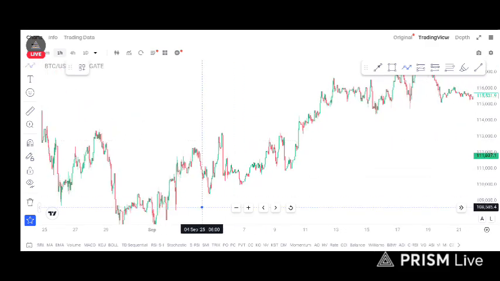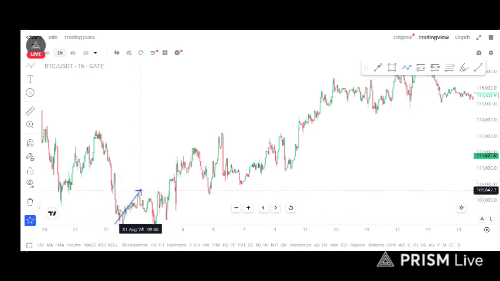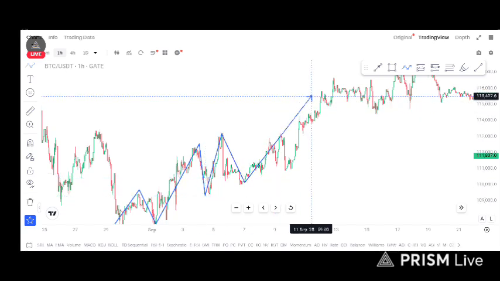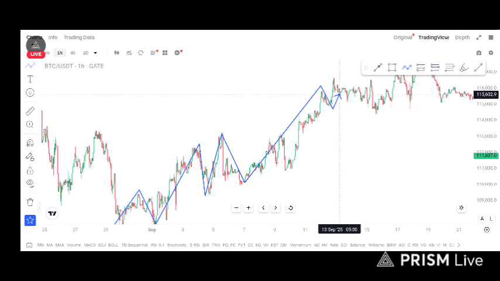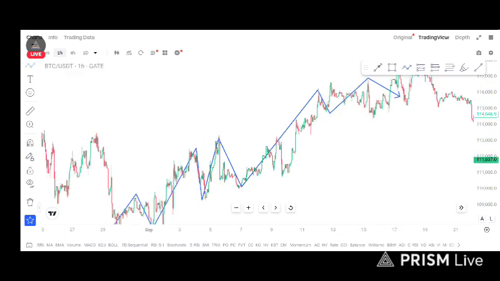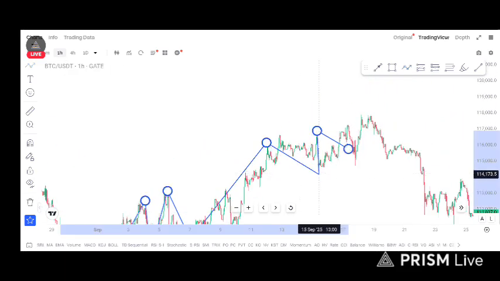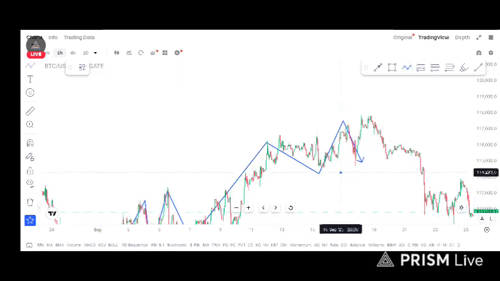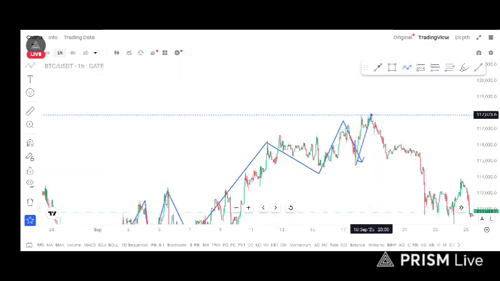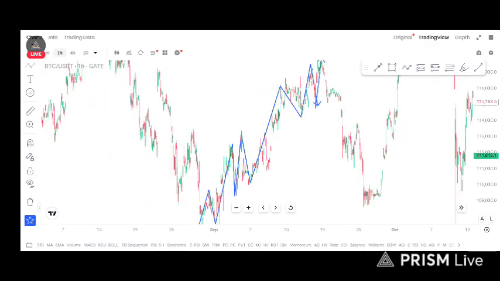Because you can see a series of higher highs, higher lows, higher highs, higher lows. This is why we call this an uptrend.